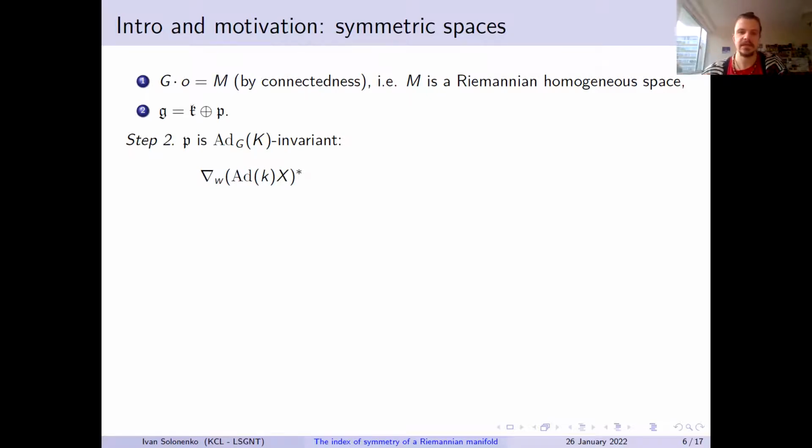We take X lying in P, we apply the adjoint of K, and then we want to show that if we take the corresponding Killing vector field, its covariant derivative at O is 0.